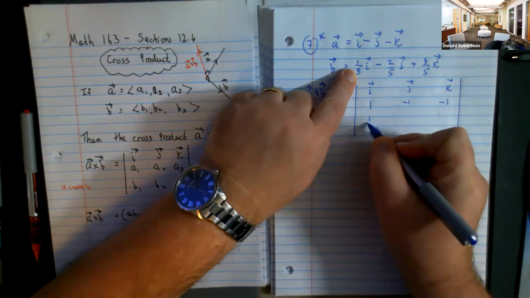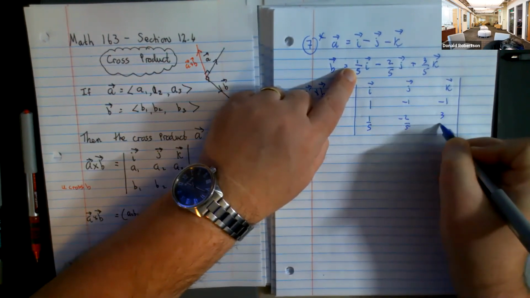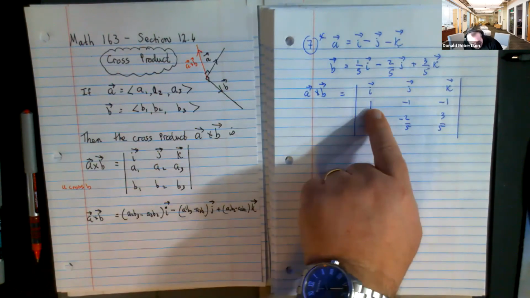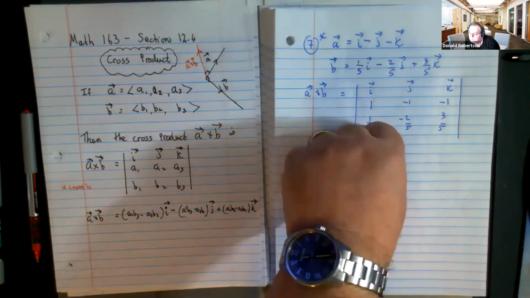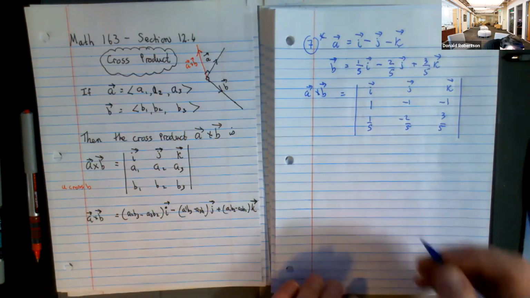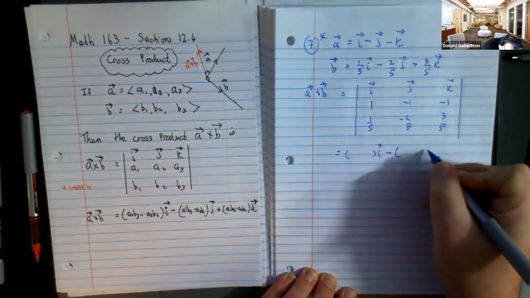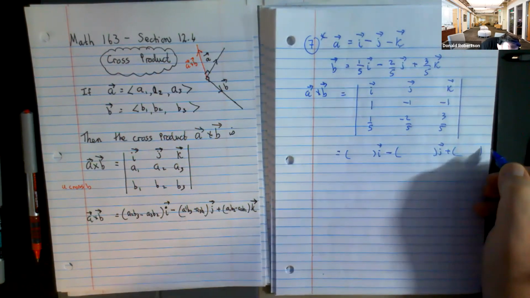And B is 1/5, -2/5, 3/5. In fact, this notation works really well with this, doesn't it? It's quite easy to transfer this to here and this to here. Okay, so many i's, subtract so many j's, pardon me, plus so many k's.